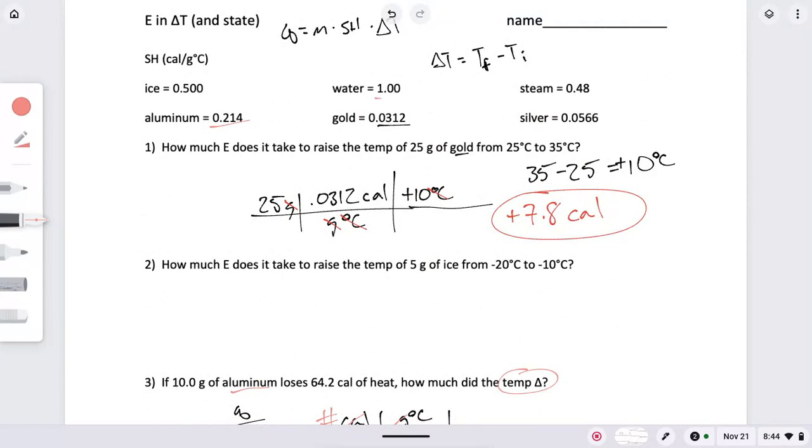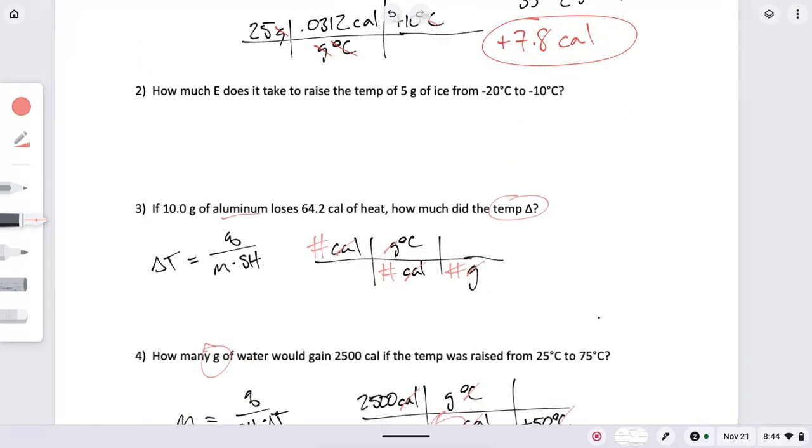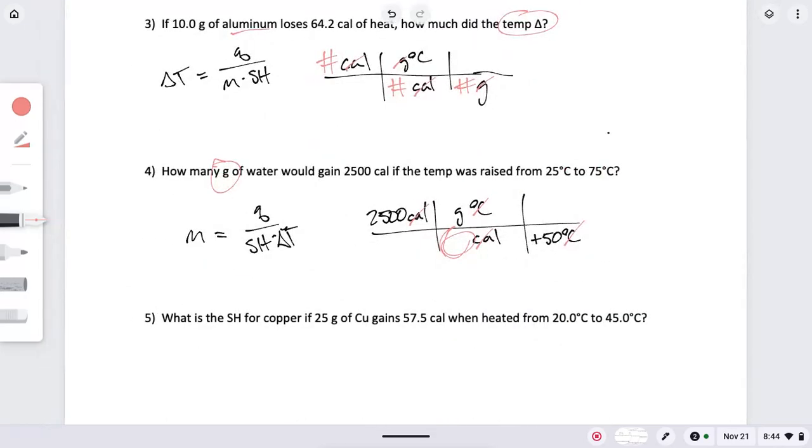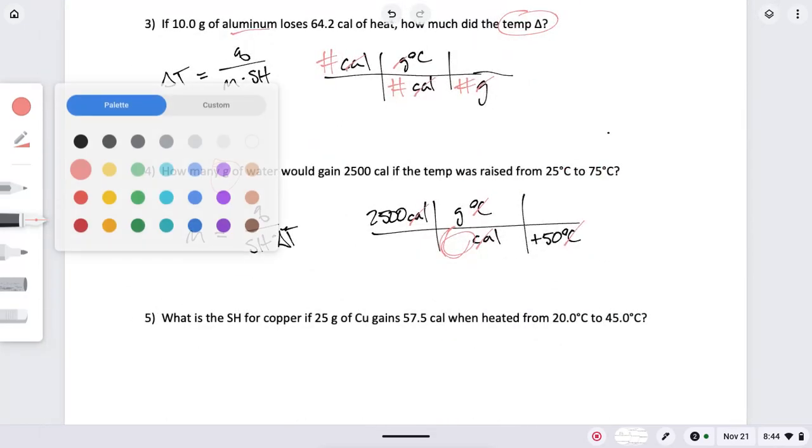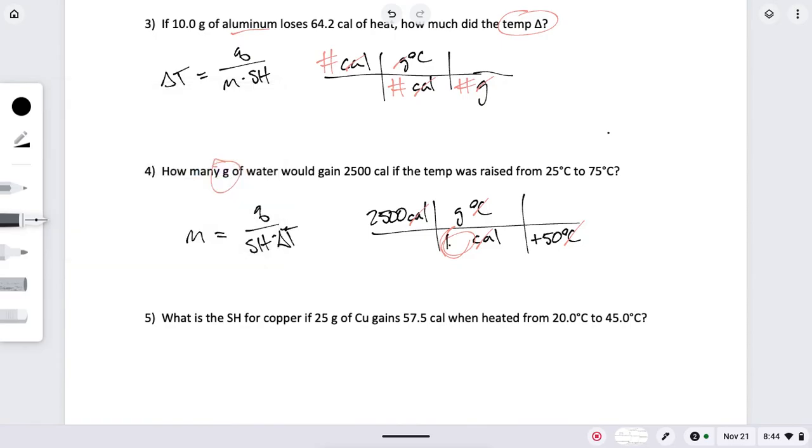So that should be this value right here because this is the liquid version of water. This is solid. This is a gas. So it matters what state you're in. But plug in that value of 1.00 calories per gram degree Celsius, and you can solve for your mass.